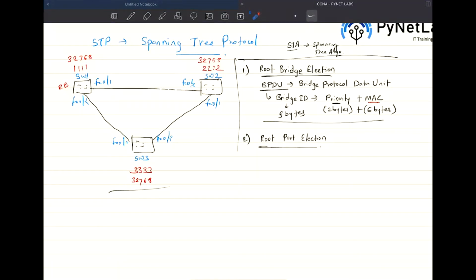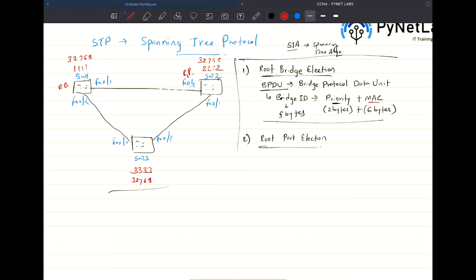Then what's gonna be the cost of the alternate path? 19 plus 19, 38. Correct? So can I say that the interface that uses FA0/2 will make it reach out to the root bridge faster than the other interface? And that's why FA0/2 of switch 2 will become a root port. Do you understand that? Great.